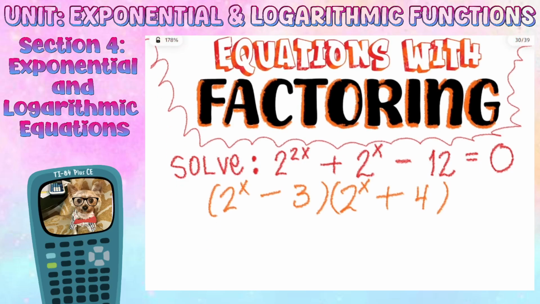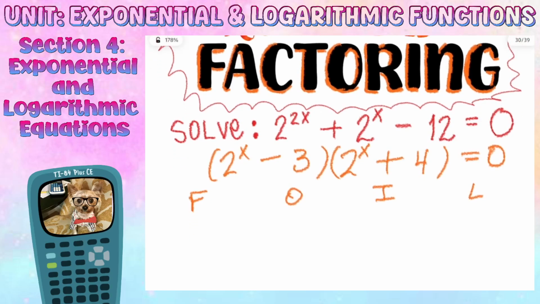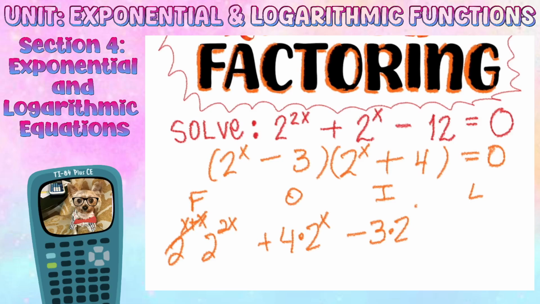If I multiply these two factors together with FOIL, first times first, just to prove it to you, 2 to the x times 2 to the x is 2 to the x plus x, which is 2 to the 2x. Outer is plus 4 times 2 to the x. Inner is minus 3 times 2 to the x.